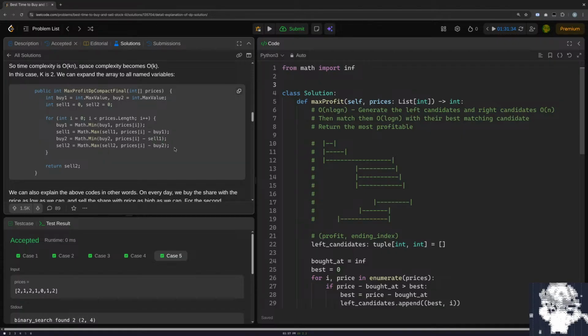Yeah, this is literally that idea where you are generating candidates for the buy 1 for the first transaction as you go, and your second transactions are based on your first transaction. And the thing I thought was that you might have to go back in time and make a different first transaction.